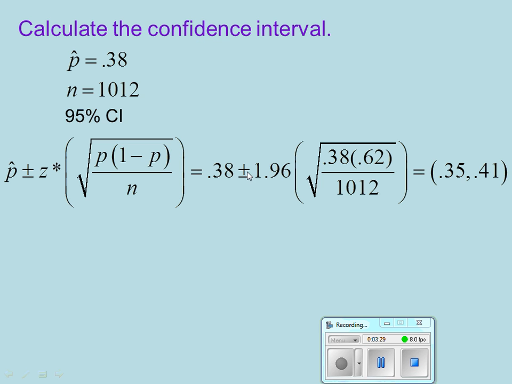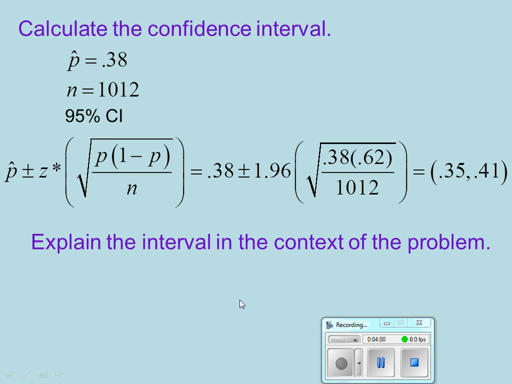Because of the plus or minus, this is 0.38 plus some number, that gives us the 41, and then 0.38 minus that number, which gave us the 35. Please be careful on here. This is creating an interval that we are 95% confident that p is going to fall between.